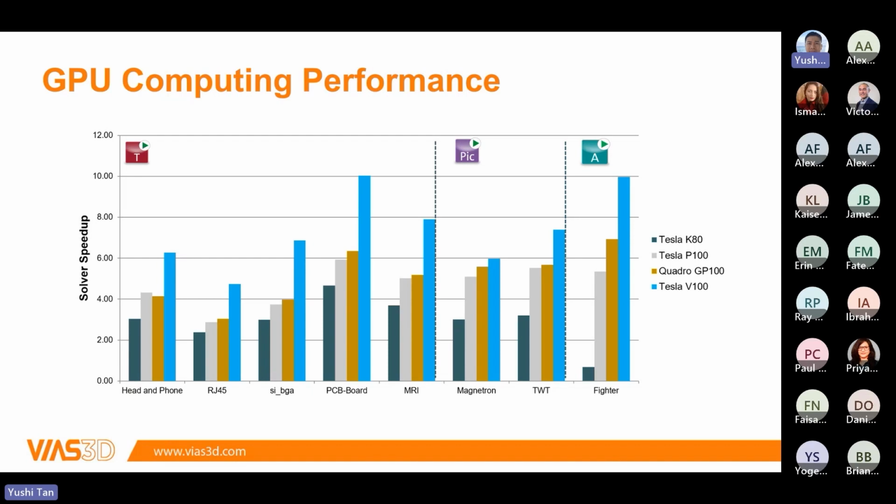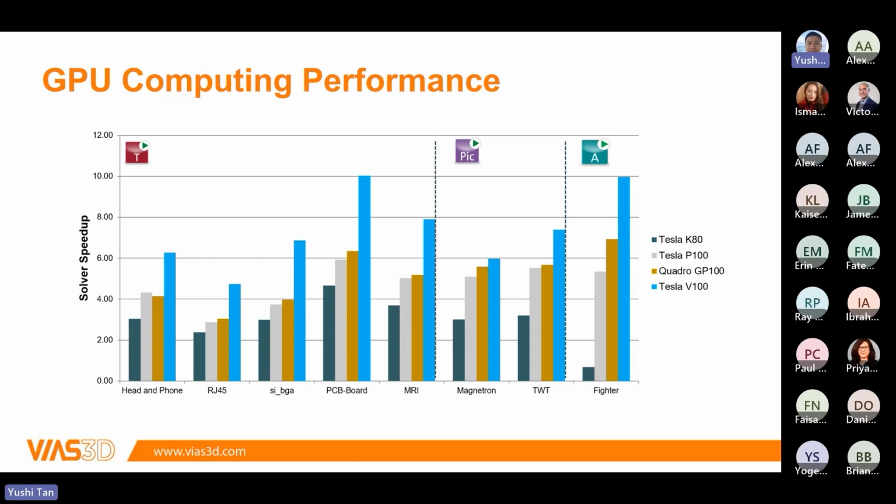You can see that the Volta series provides the best performance out of all these GPUs. Even if you have access to an older card, the speedup is still pretty decent, let's say 3 times the performance compared to using CPUs. You get the solution in one third of the time.